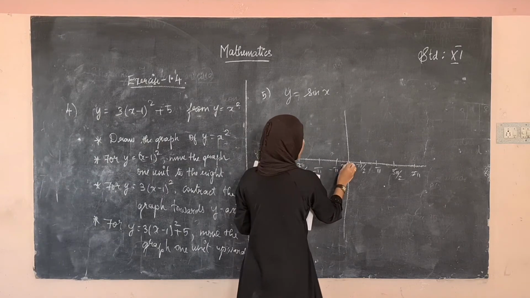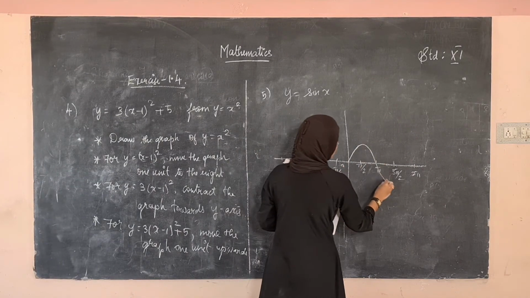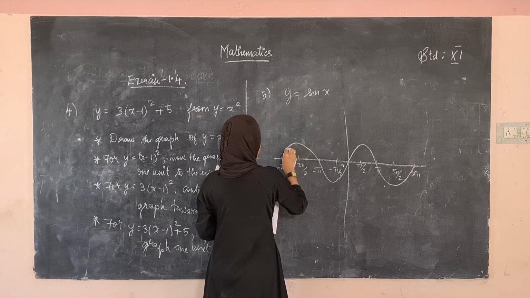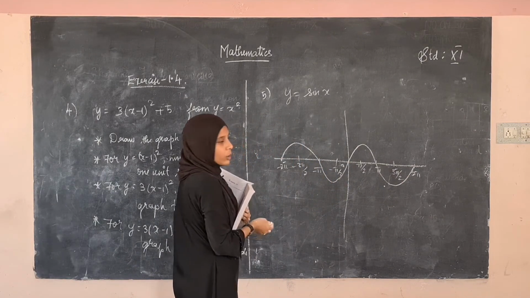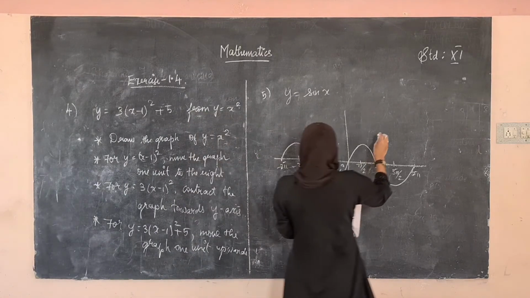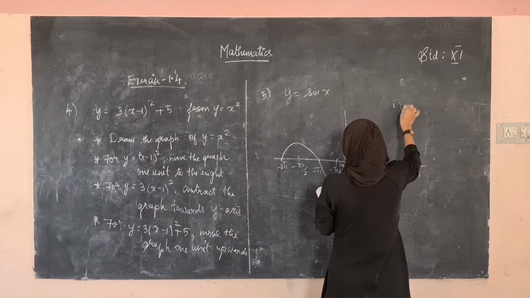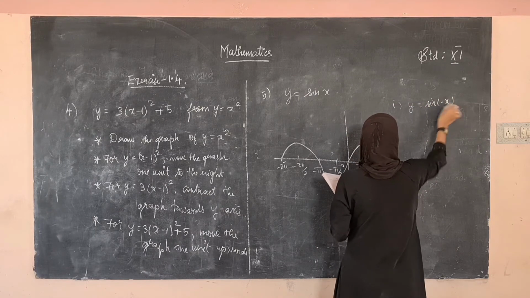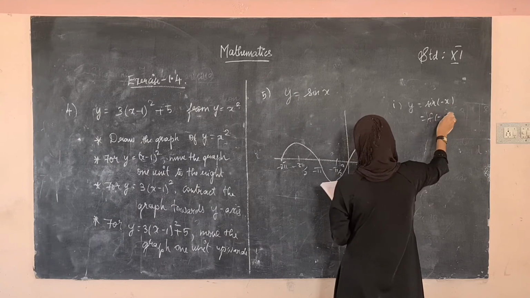Okay, and what will be the graph? So the graph is like this, right? This is the sine graph. We already know this is the sine graph. So with this we are going to transform. The first one is y is equal to sine of minus x, which is f of minus x.